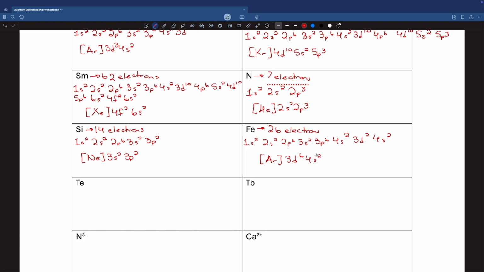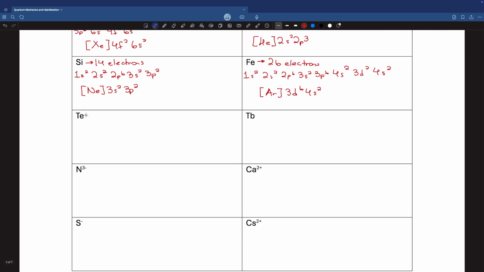and 4s2. The next element, Te, has 52 electrons. And so we'll start with the 1s. So 1s2, 2s2, 2p6, and the 3s2, 3p6, 3d10, 4s2, 4p6, 4d10.